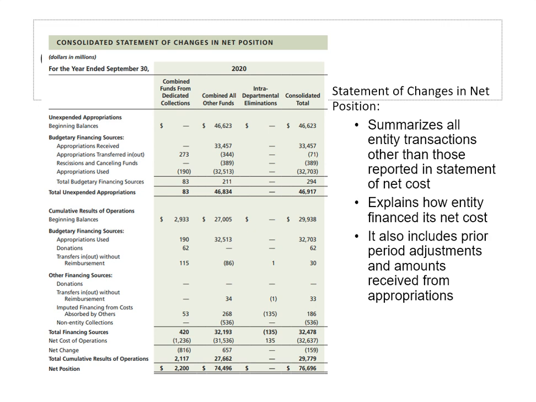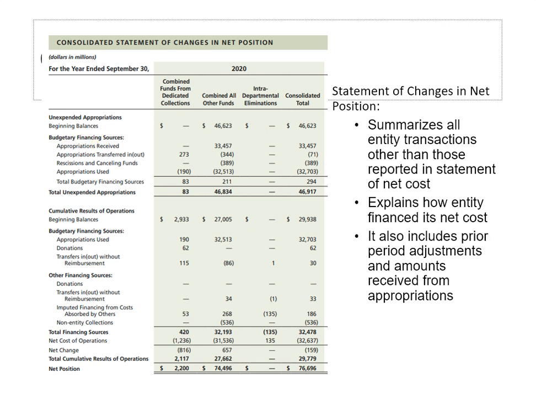So the department financed its cost from basically 2 sources: from the unexpended appropriations from the prior years, which is almost $46 billion, and also from the budgetary financing sources.